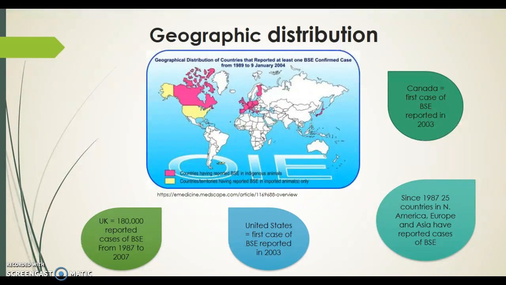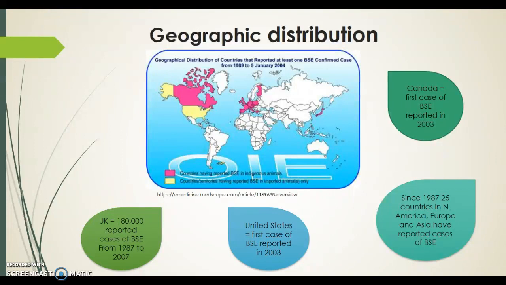So here we can see the geographic distribution. Mainly we've seen cases in Europe and in North America. For example, the UK has reported 180,000 cases between 1987 and 2007.